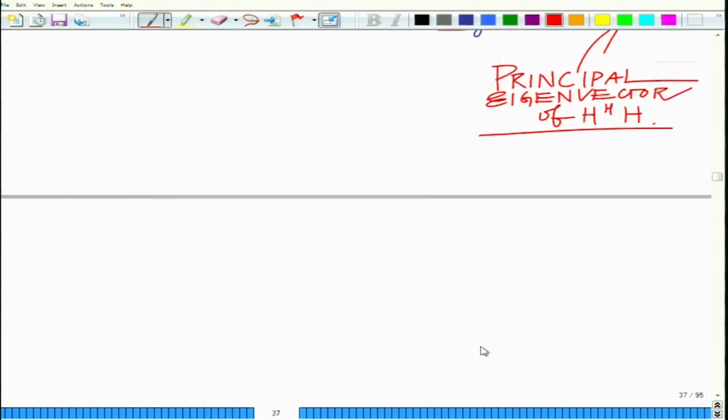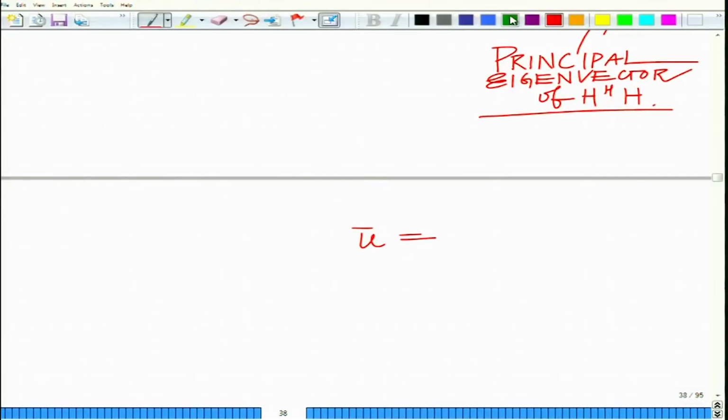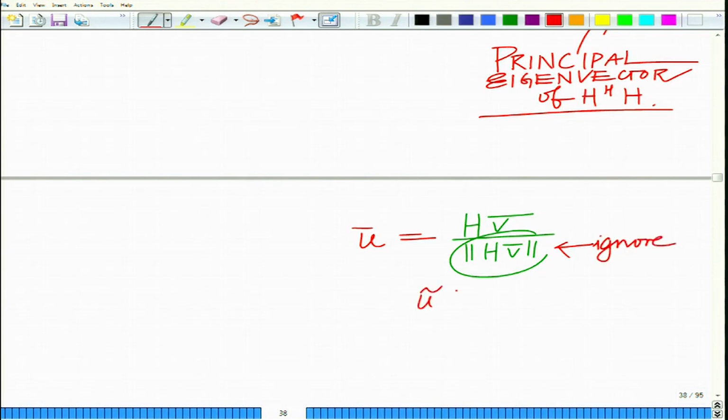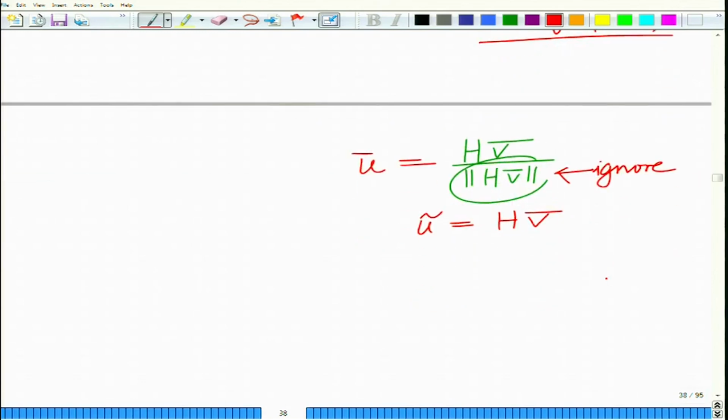Now what about U bar, the receive beamformer? Remember, we still have to find that, that is H V bar divided by norm H V bar. Now this norm is simply a normalization, so for the time being ignore this, so U tilde equals H V bar.